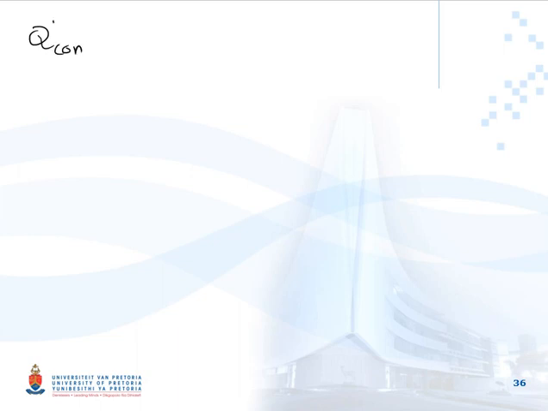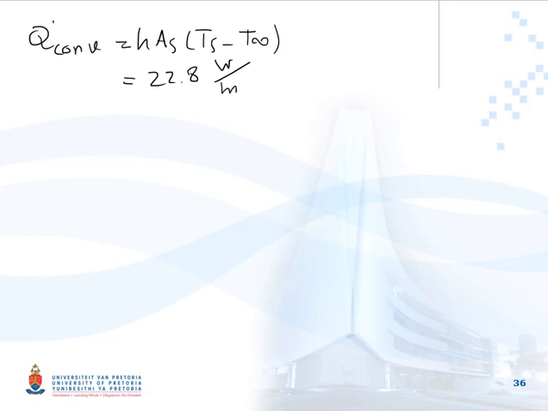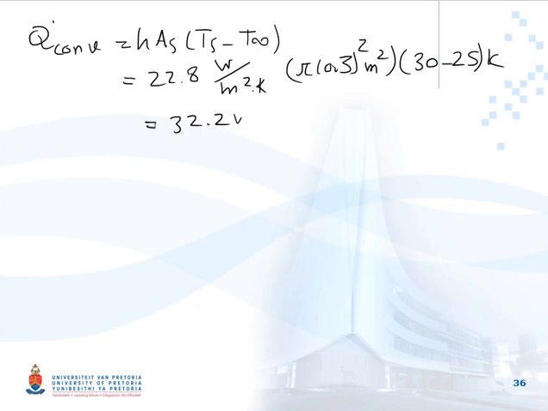So Q dot convection will be H AS, TS minus T infinity, equal to 22.8 watt per meter squared Kelvin, times pi times 0.3 squared meter squared, multiplied by 25 K, so basically it is 32.2 watt.